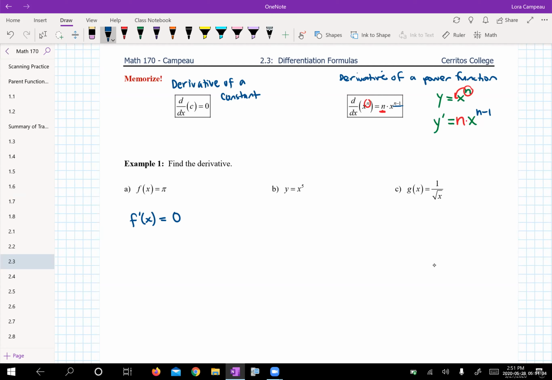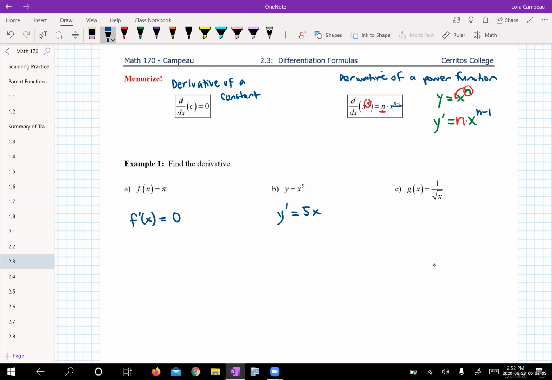Moving on to part B, this is going to be demonstrating the property above, the derivative of a power function. We are going to use the notation: the original function y equals x to the 5th, and derivative notation y prime. Now I'm going to take the 5, move it around to the front. So that's going to be 5.